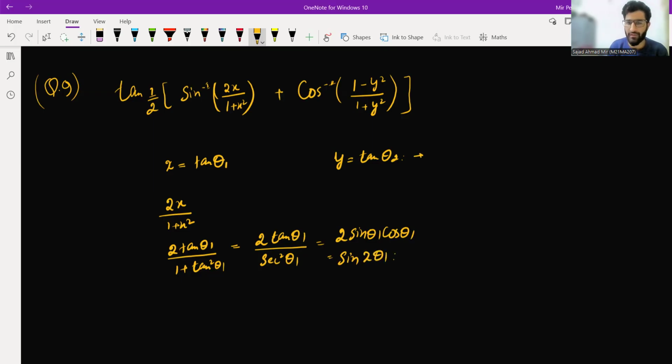Now for this part, 1 minus y square divided by 1 plus y square is equal to 1 minus tan square of theta 2 divided by 1 plus tan square of theta 2.